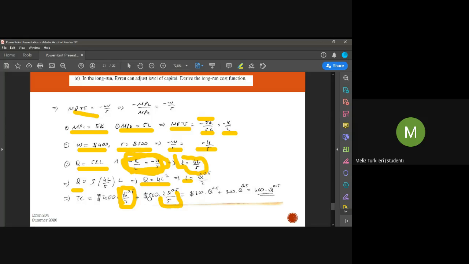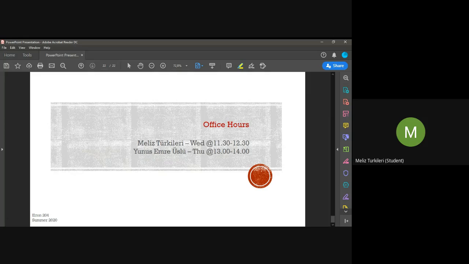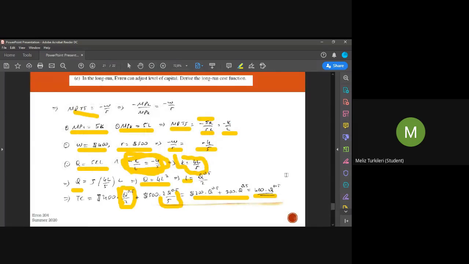If you do this math, you will find that total cost should be equal to 400 times Q to the power 0.5. So that's all. You found the long run cost function.